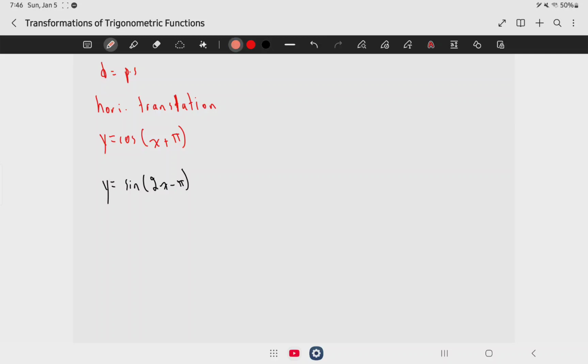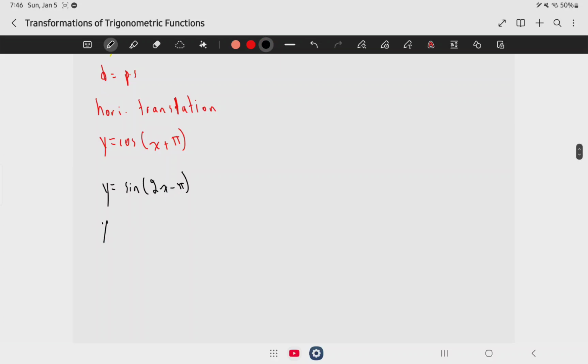We can factor this in the brackets, right? Some people would see this and they would just think, oh, okay, that means it's 2x, which means the function gets divided by 2, and then a minus pi, which means it shifts to the right by pi. But that actually doesn't work because we're able to factor out from the brackets.